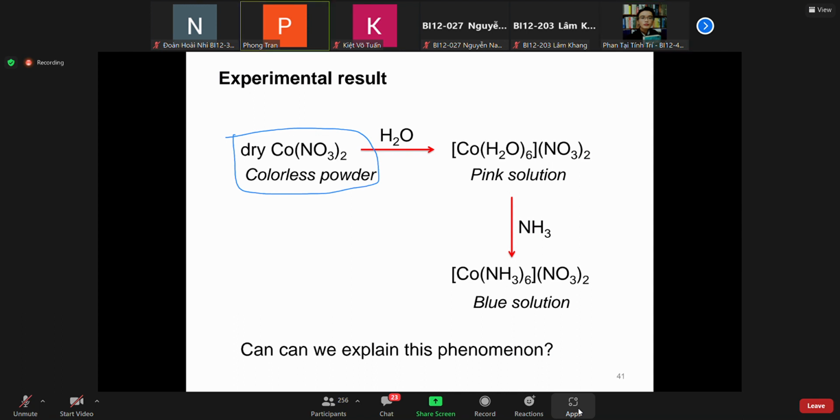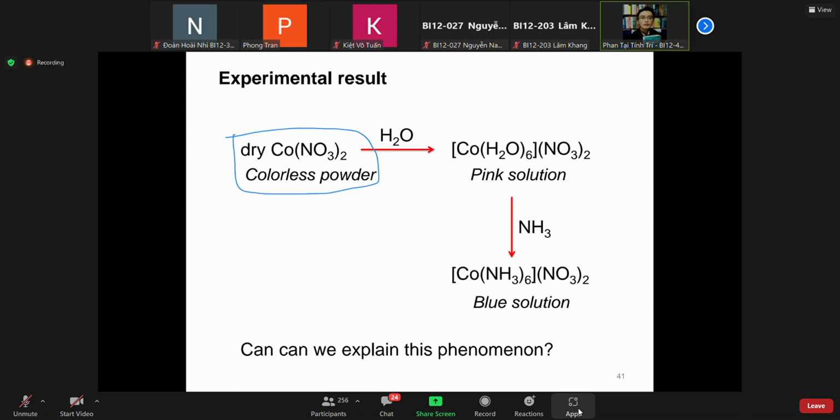Okay, let's move on. Then, why can the cobalt with water become a pink color? As you said before, the H2O will interact with the cobalt, specifically with the d orbitals of the cobalt. So it will split the d orbital into two states of energy.